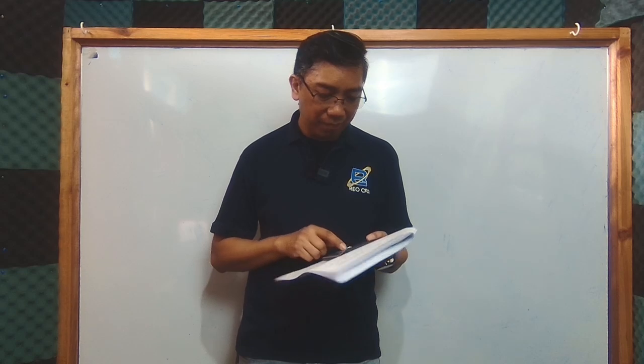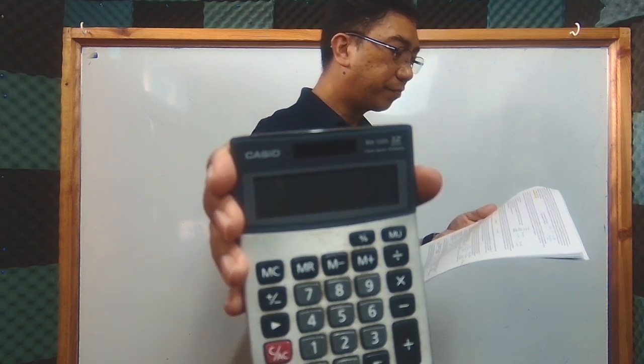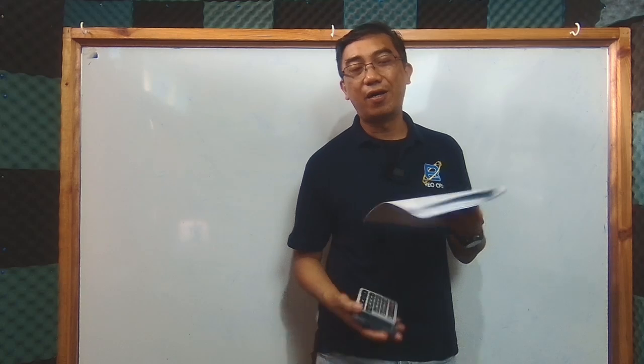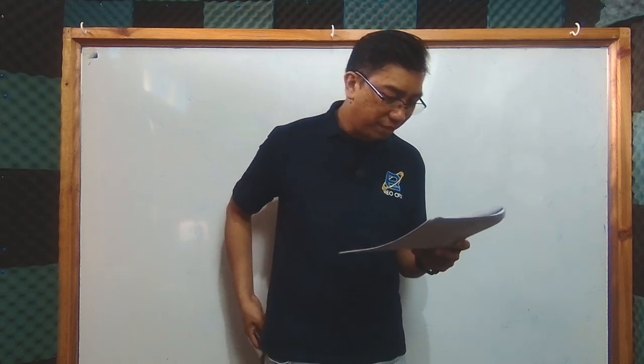Magkano yung selling natin? Selling is given to us at 90 centavos. 0.90 will give us how much? Answer is 9.25. Answer is letter C. So, that's number 49.